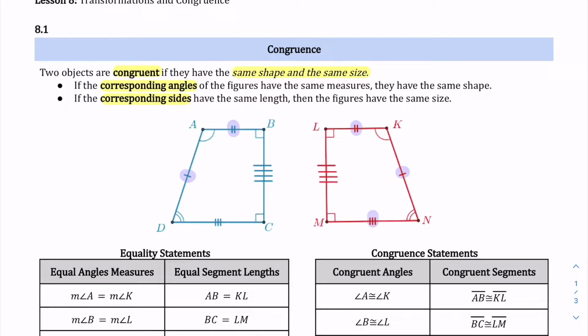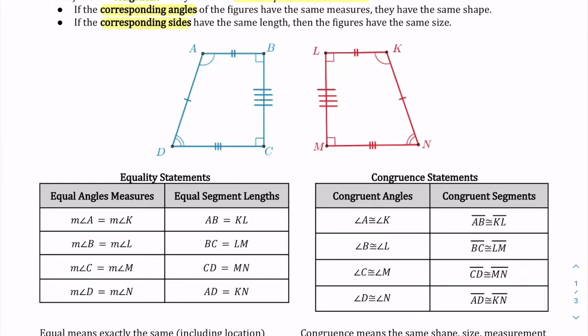It works the same for angles. Since this angle has one line and this angle has one line, those are the same exact angle measurement. This one has two, this one has two, those will be the same angle measurement, and so on. So there are lots of little shortcuts that we can use in math to show that something has the same measurement.